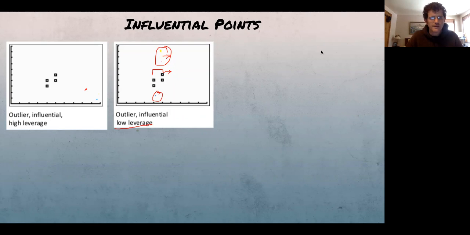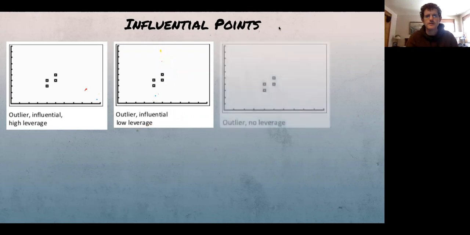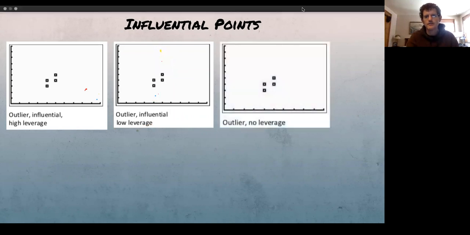But yes, you are right. These are outliers. They are influential. That's definitely going to change your regression line. And you put them where they'd have low leverage, maybe no leverage, but you get the idea. So those are good. Next one, outlier with no leverage.